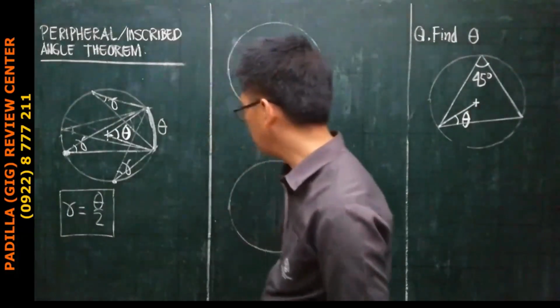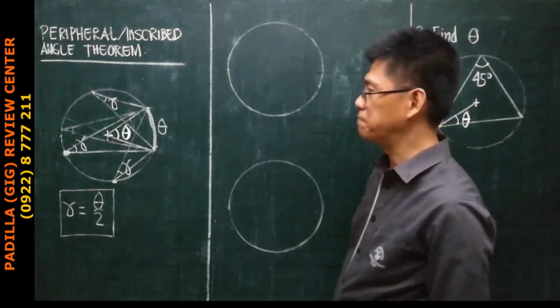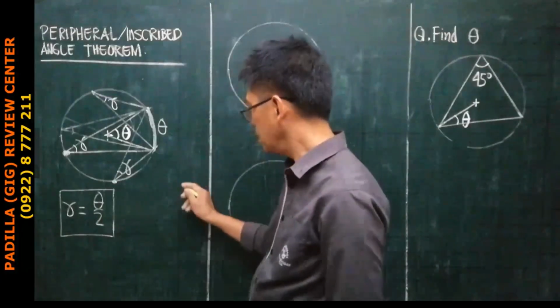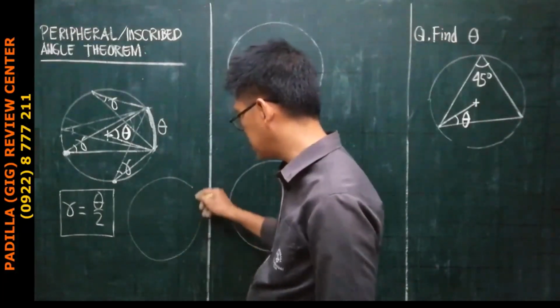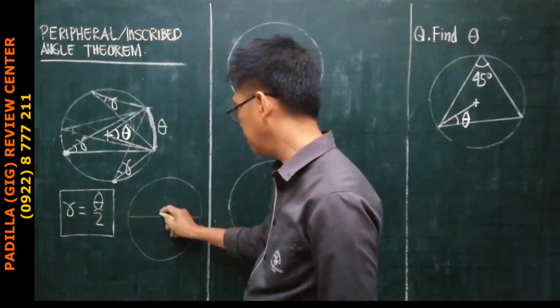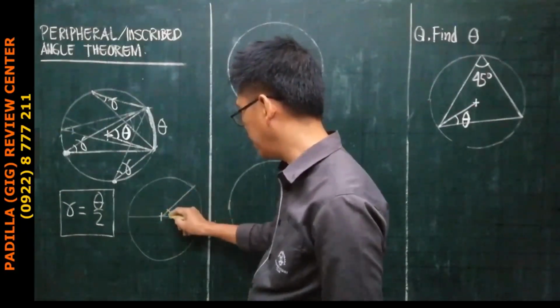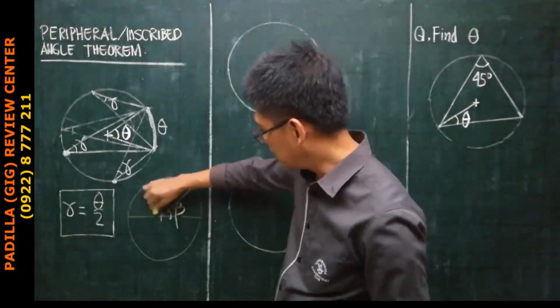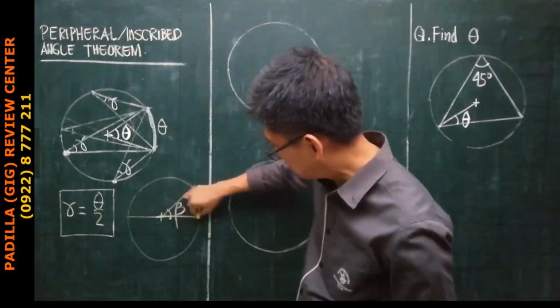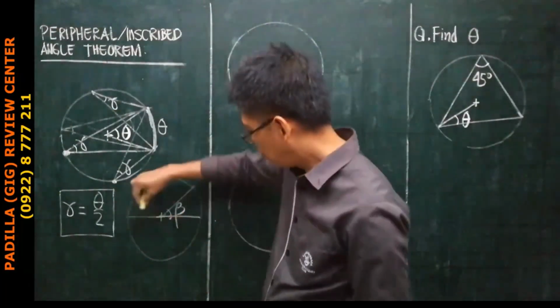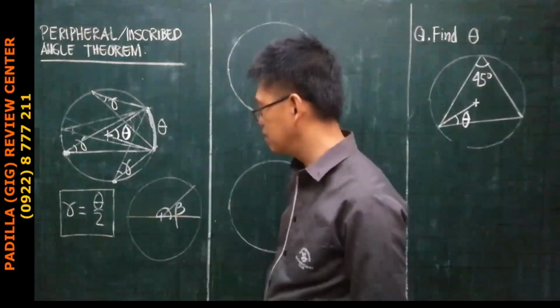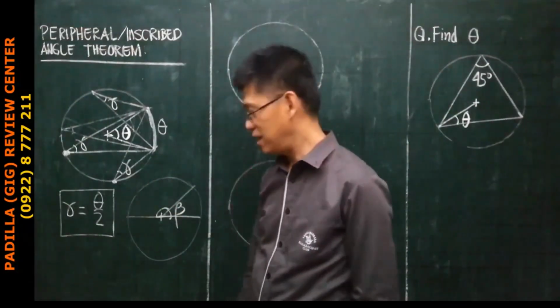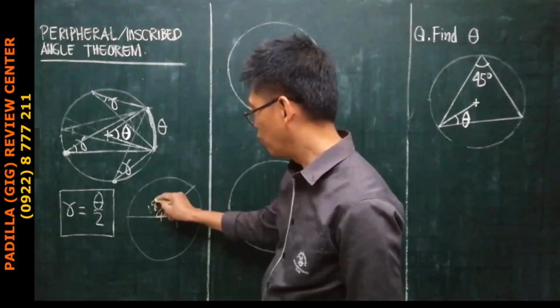Now, it is simple to prove that. Look here. If I begin with this circle, and I call this angle beta, let me begin with this diameter. What is the measure of this angle? 180 minus beta, right?